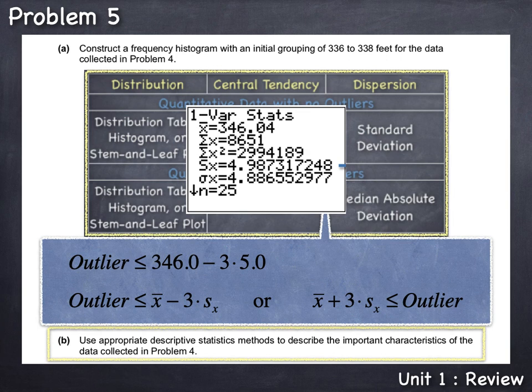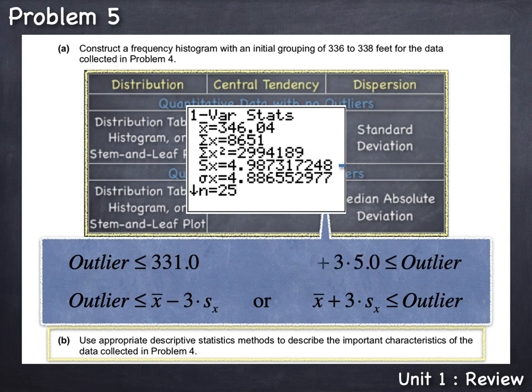So 3 standard deviations would be, in this case, 3 times the 5 feet. 3 times 5 is 15. So if we go 15 feet below the mean of 346, you would get 346 minus 15, which is 331 feet. Any stopping distance that is less than or equal to 331 feet would be considered an outlier.